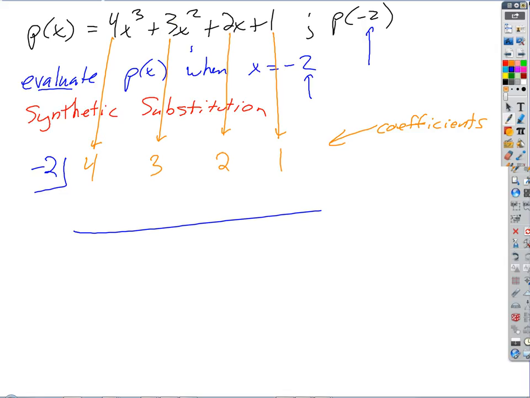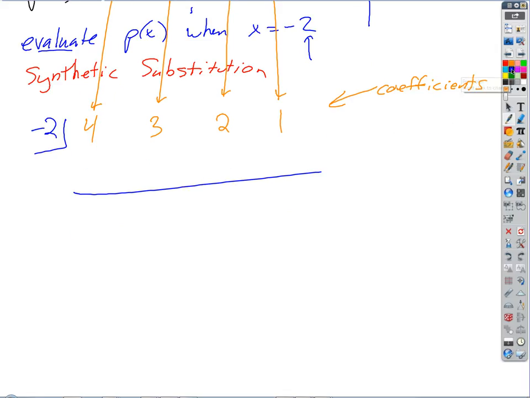All you do is whatever the first number is, you're going to drop it straight down so it's going to pop out below the line. As soon as a number pops out below the line, you always multiply by the number in the bracket. So 4 times -2 is what? -8.